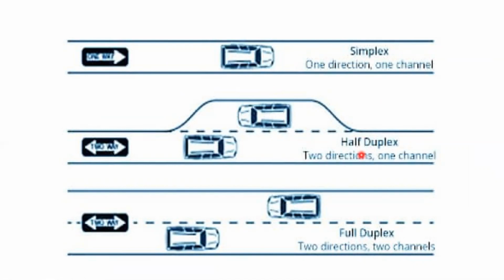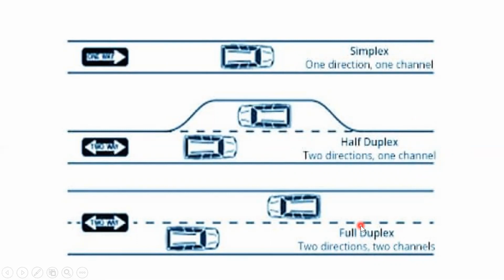In half duplex transmission, you have one channel, but it is divided into two directions. When one vehicle is moving in one direction, the vehicle coming from the other direction has to wait. So the task doesn't take place simultaneously. One has to wait until the other finishes its task. This is what half duplex is.